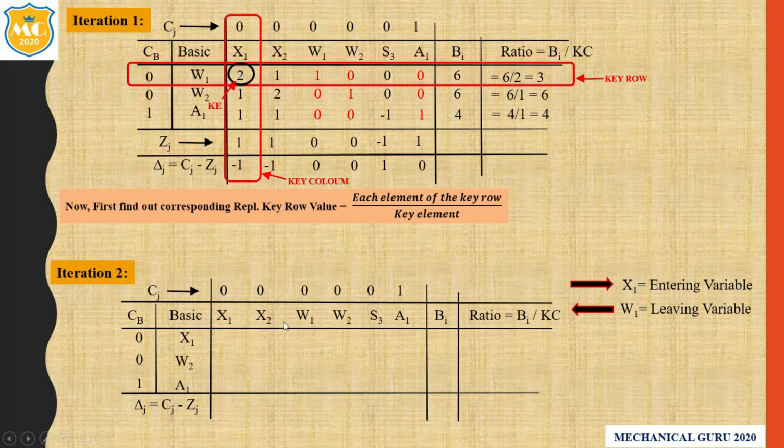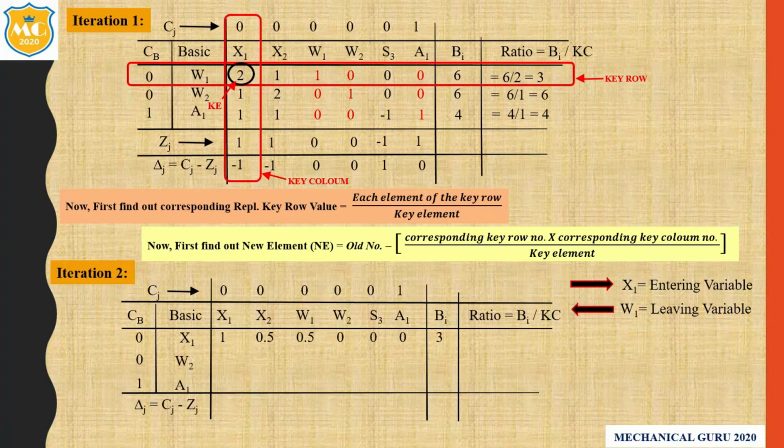So here we get the values like 1, .5, .5, 0, 0, 0 and 3. And for the remaining values we have to use this equation. New element is equal to old number minus, in bracket, corresponding key row number into corresponding key column number divided by key element. So for all the remaining values we have to use this equation.